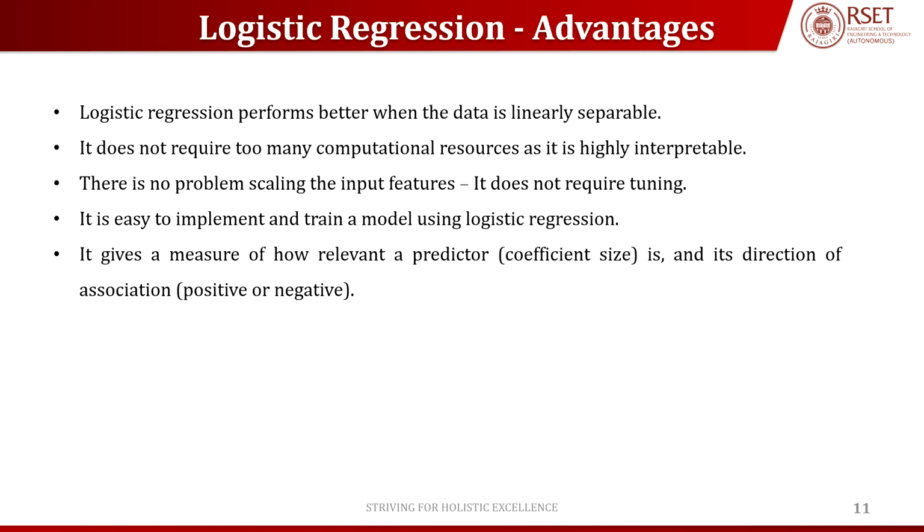Or if the probability value was 70% and the threshold was 0.5, we can say that there is a 70% chance that this event will happen. So it is giving an association. The predictor value is not actually a particular value, but it is giving a correlation. So it decides how relevant a particular predictor is. That is what we are measuring.